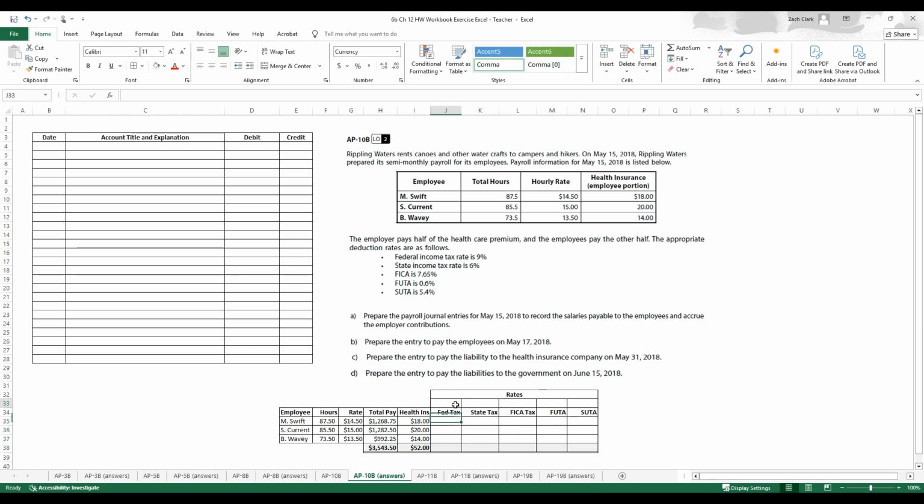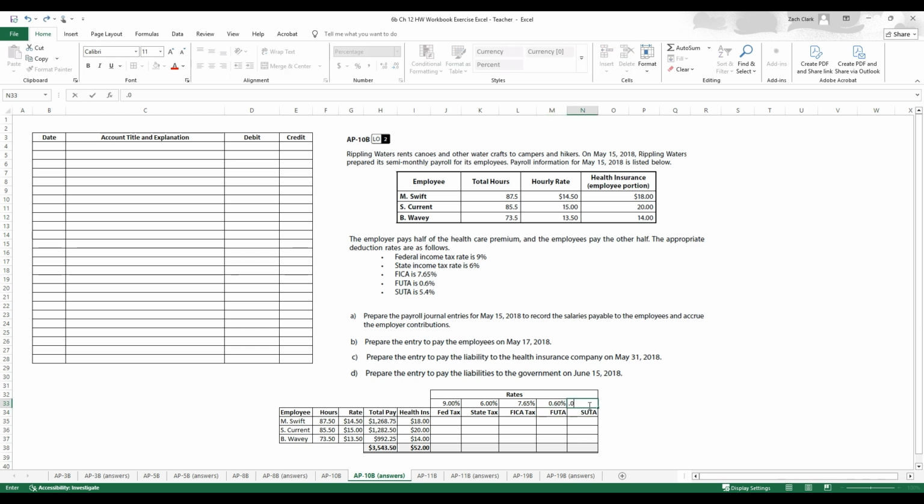And then let's fill out this section to put the percentages in here. For federal taxes, we're going to say it's 9%, so we'll just put 9% in there. For state taxes, it is 6%. For the FICA, it's 7.65%. The FUTA is 0.6%, not 6%. You've got to put an extra 0 in there.